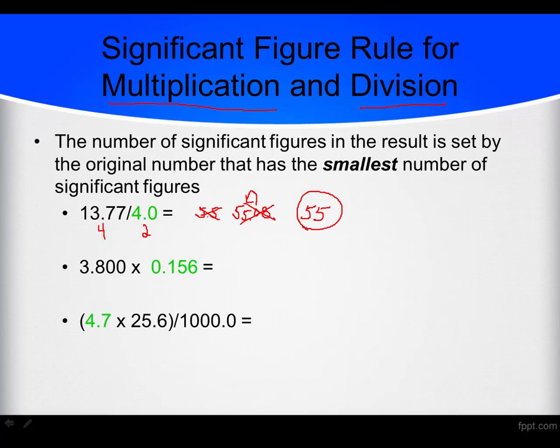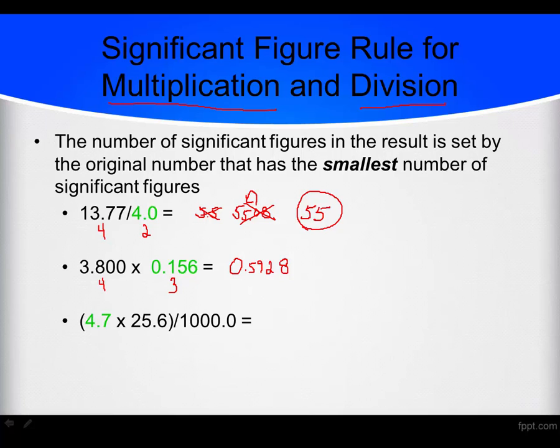Try out another one together. 3.800, how many sig figs? Okay, I'm hearing 4. 0.156, how many sig figs? 3. Okay. 3.8 times 0.156. Calculator spits out 0.5928.